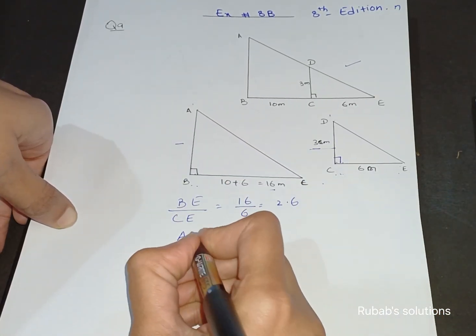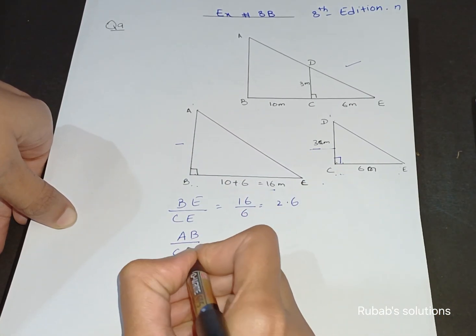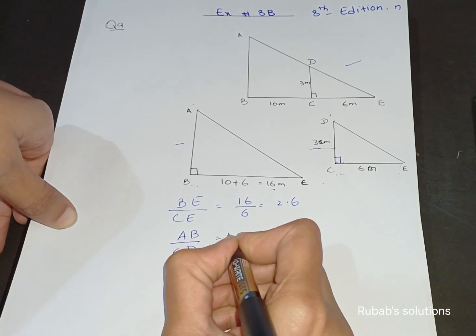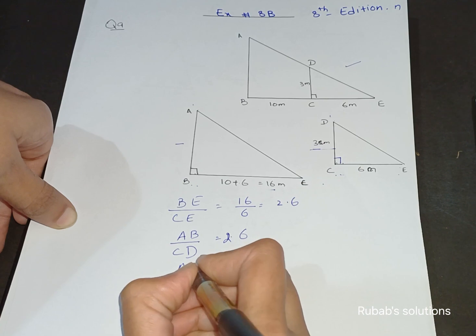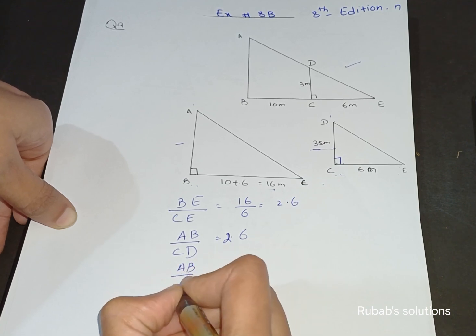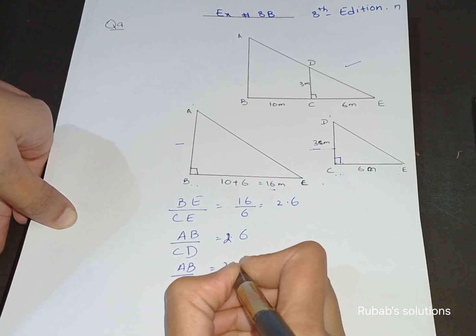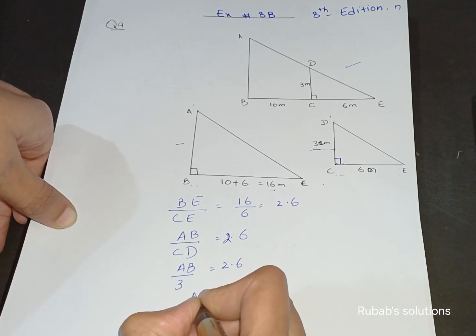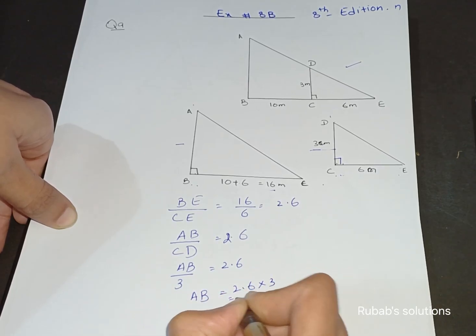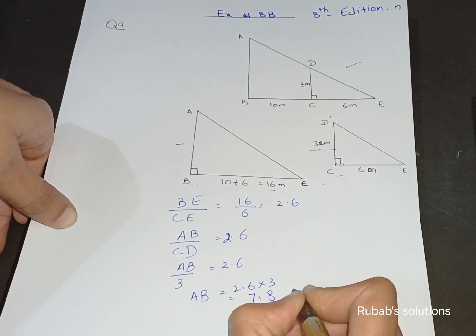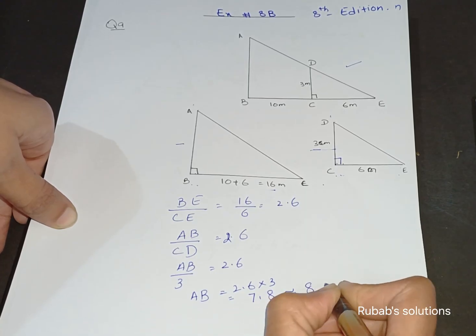AB divided by CD is equal to 2.6, and AB is unknown, CD is 3. So AB will be equal to 2.6 multiplied by 3, and the answer is 7.8, which we can approximate to 8 meters.